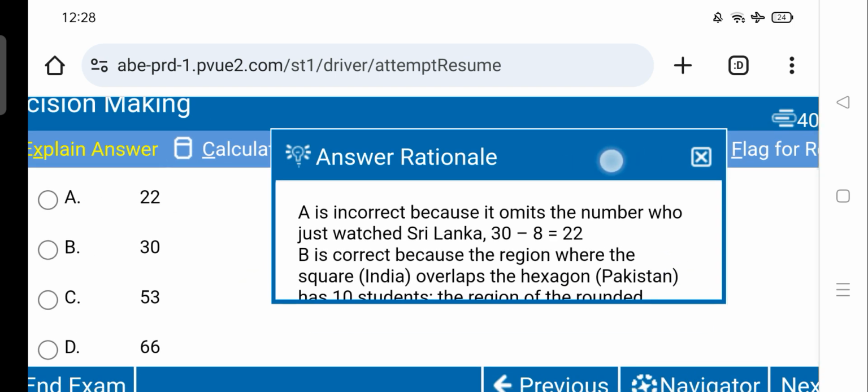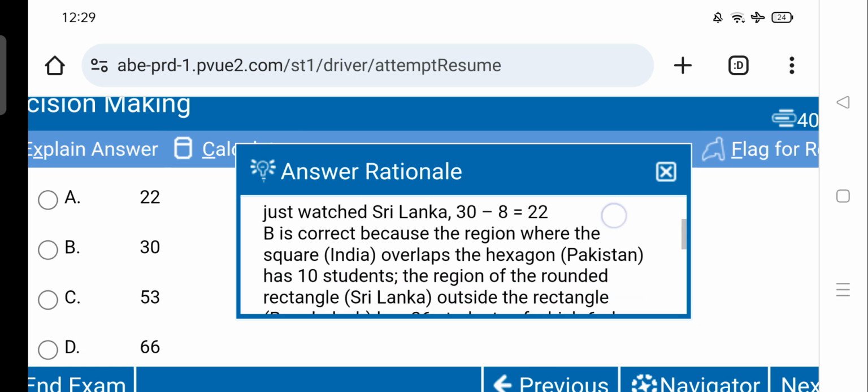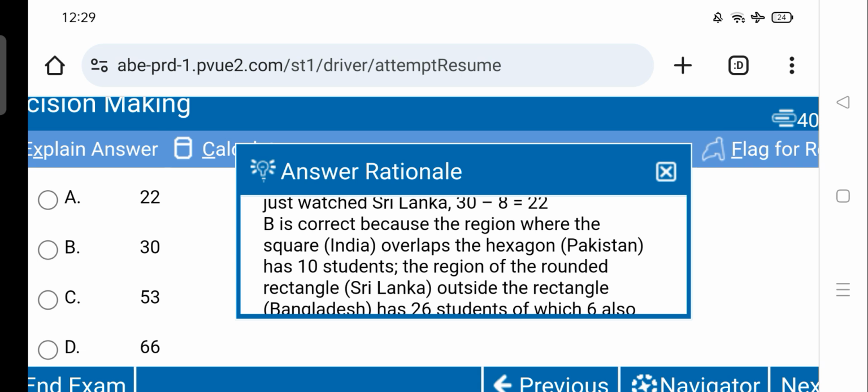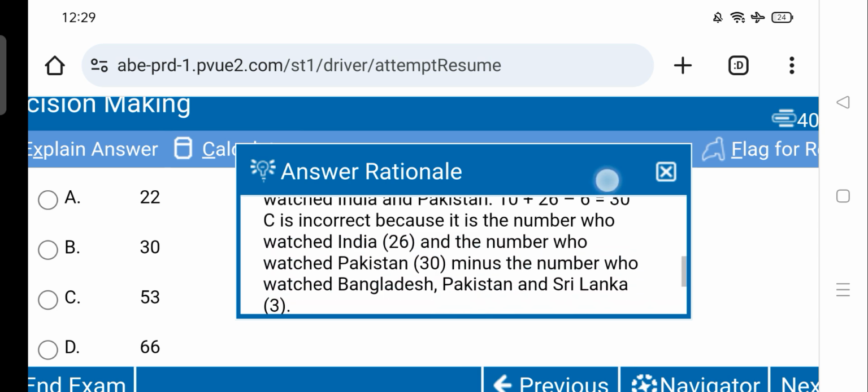Option A is incorrect because it omits the number who just watched Sri Lanka, that is 30 minus 8 equals 22. B is correct because the region where the square overlaps the hexagon has 10 students. The region of the rounded rectangle outside the rectangle has 26 students, of which 6 also watched India and Pakistan. So it equals 30.